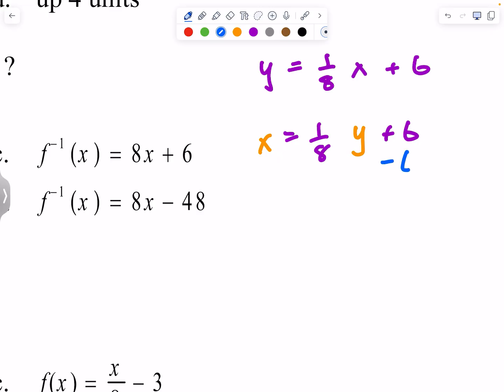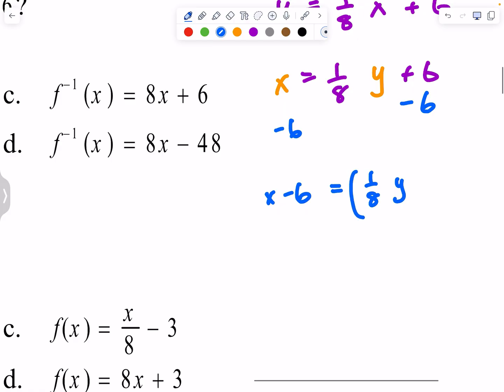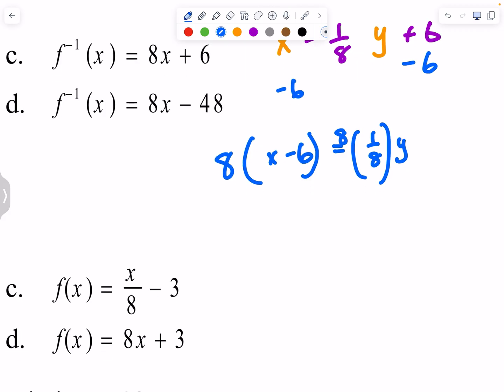So get rid of the 6: x minus 6 equals 1/8 y. Now I multiply the whole thing by 8. So 8x minus 48, distribute here, equals y.